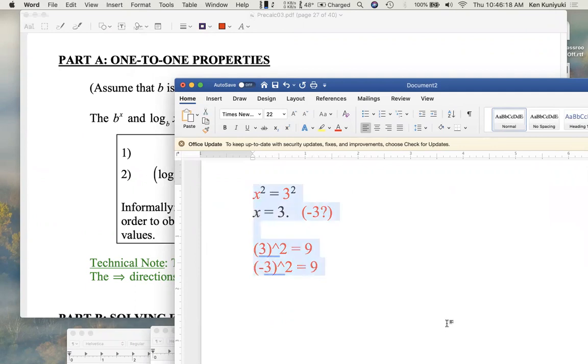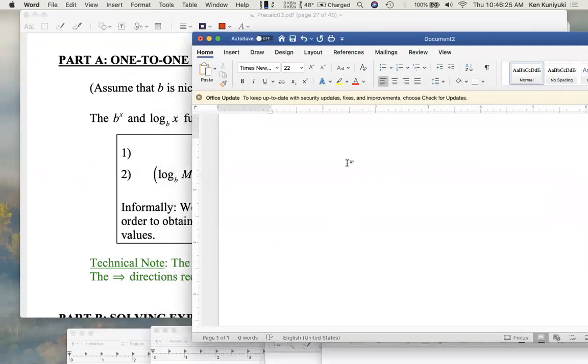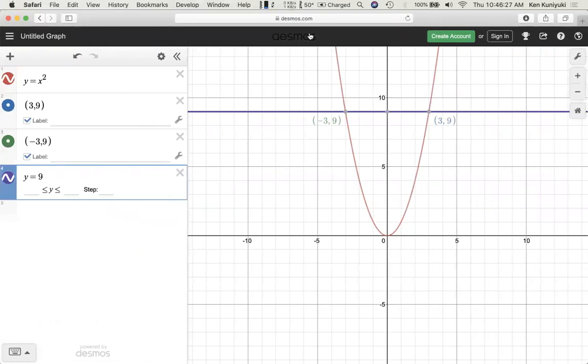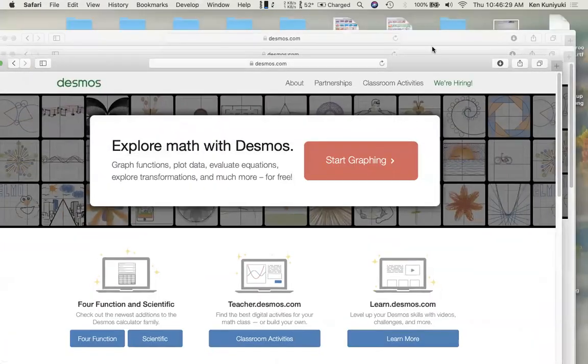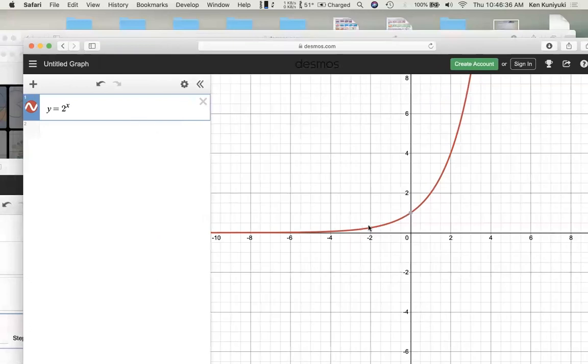So when does this matching actually work? It works when you have a one-to-one function. For example, let's look at this over here. y equals 2 to the x. Now this is a graph that passes both the VLT and the HLT. The 2 to the x function, this exponential function, is a one-to-one function. It passes both the VLT and the HLT graphically.